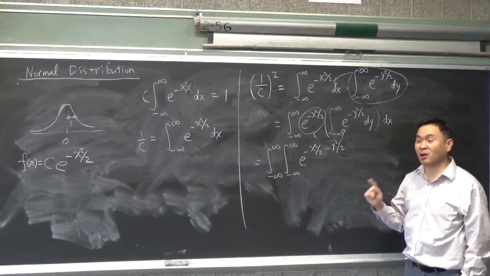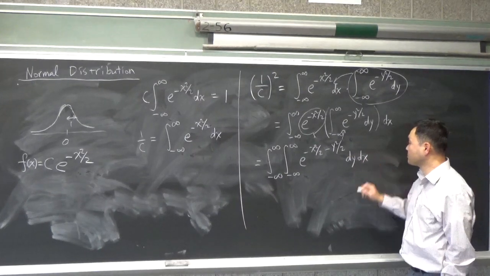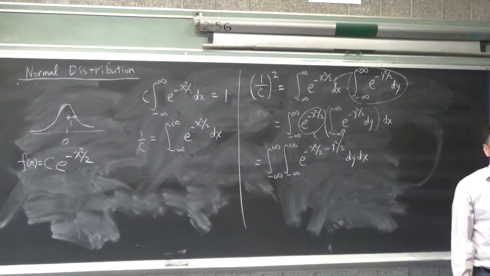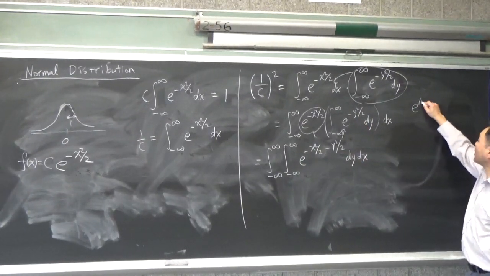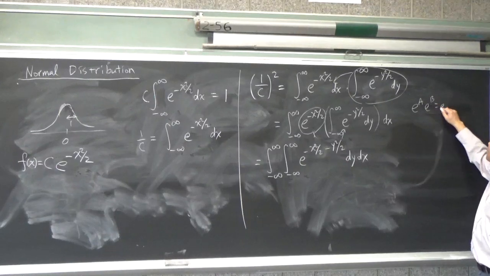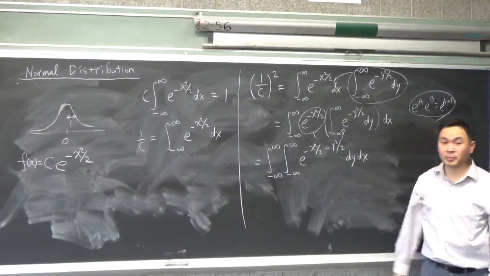You have to use Calculus 3, multivariable calculus. Okay, and from here to there, I'm using the fact that e to the a times e to the b is e to the a plus b. So I'm just adding these two.